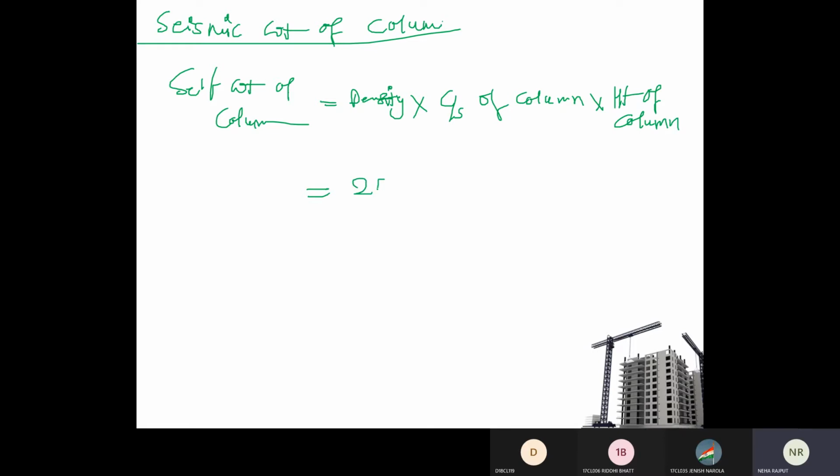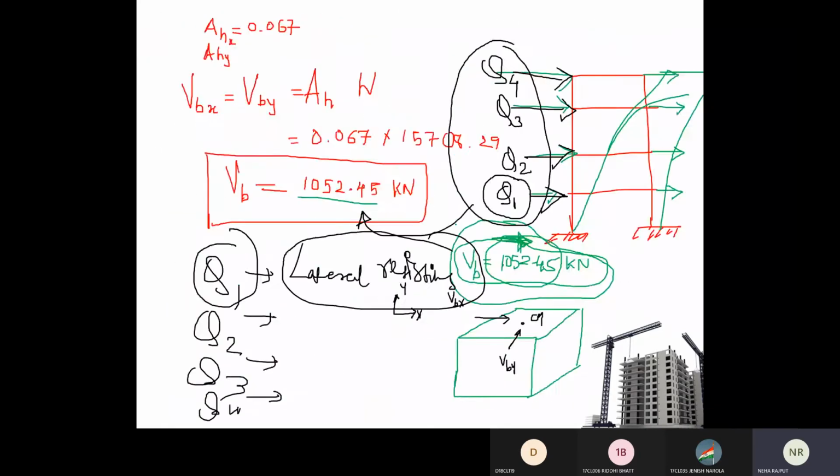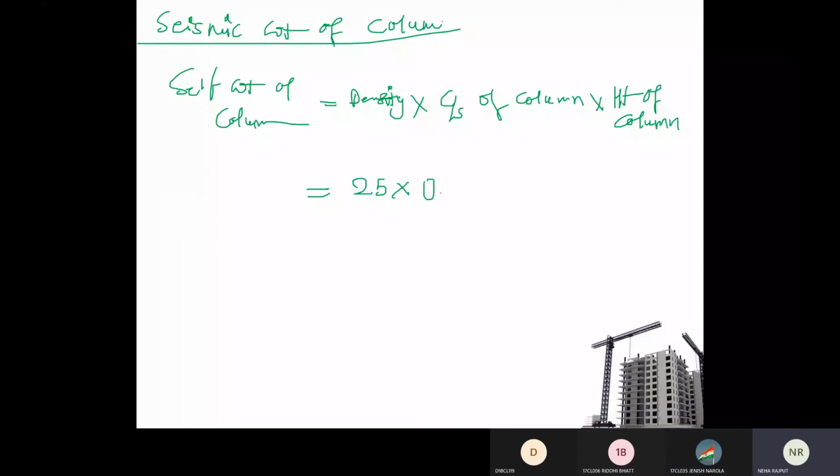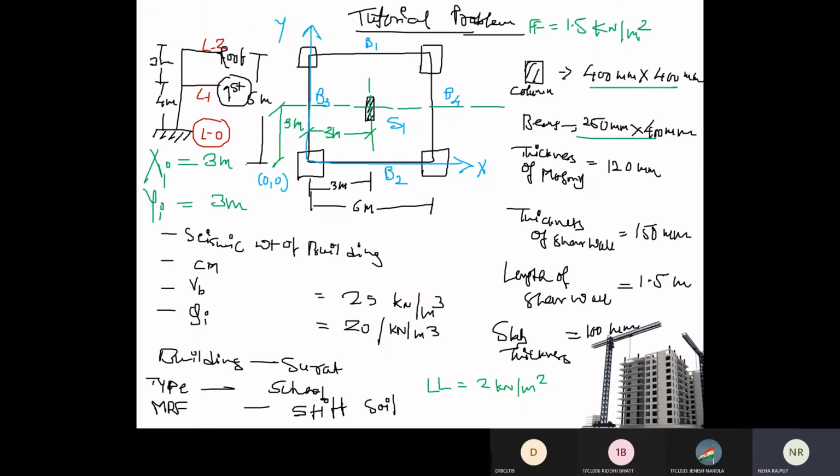Density is 25. Cross section of column is given as 0.4 by 0.4. Now coming to the height of the column, as this is a vertical member, for a vertical member you need to consider the height accordingly.